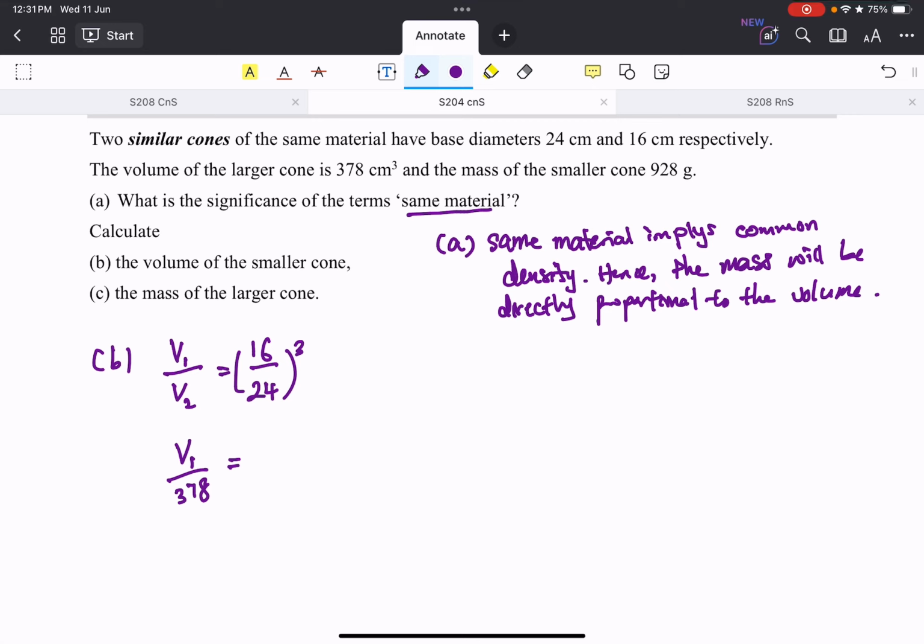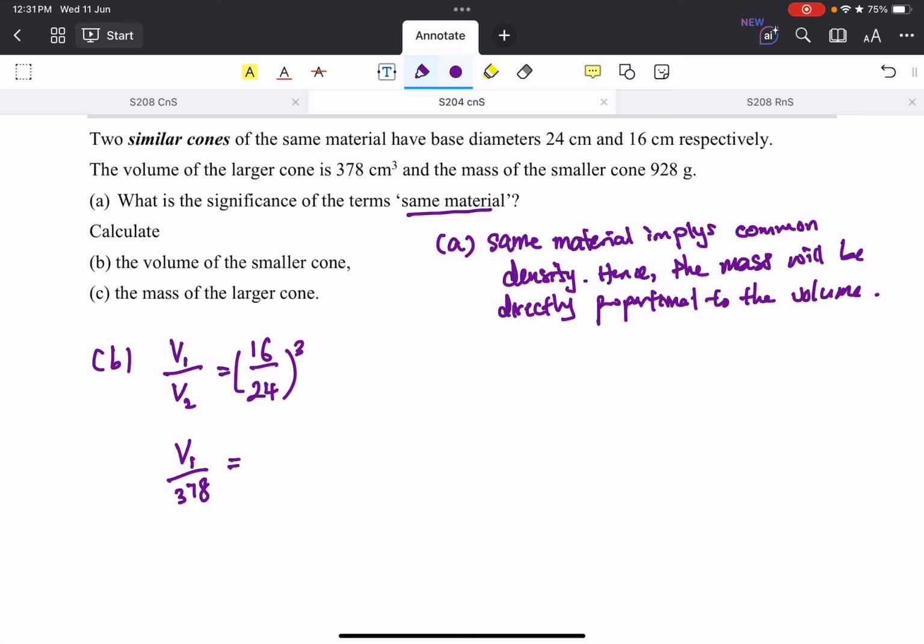Now 16 over 24 cubed, let's figure out how much that is. 16 divided by 24, then cube it. I think it's this button, scientific, to the power of 3, equals.